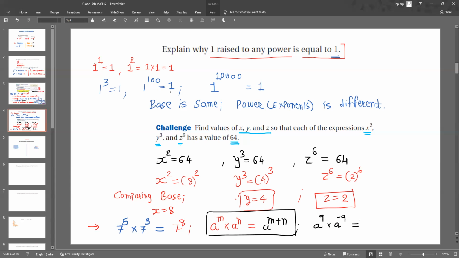The base is same, the power is different, so we add the powers because multiplication is there. So 9 plus minus 9 can be written as a raised to 9 minus 9, that is a raised to 0. And we have another law: anything raised to 0 is 1. Understand?